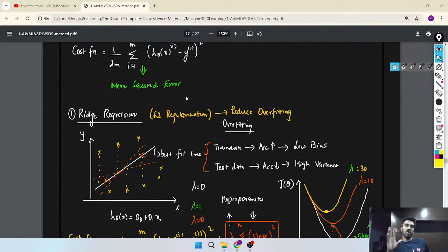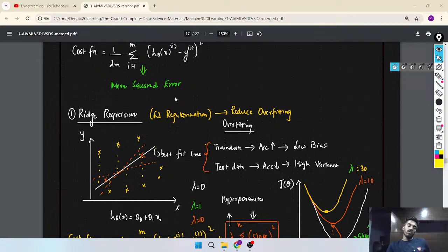Overfitting means your training accuracy is high but testing accuracy is low, a low bias, high variance condition. Suppose your training data gets 95% accuracy, and when you test the model you get approximately 80% accuracy. This condition is known as overfitting.